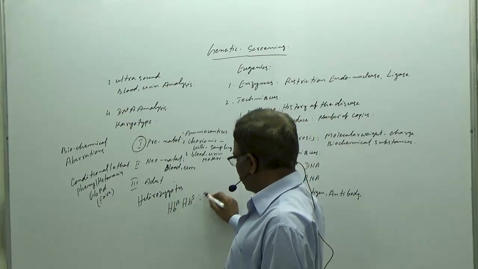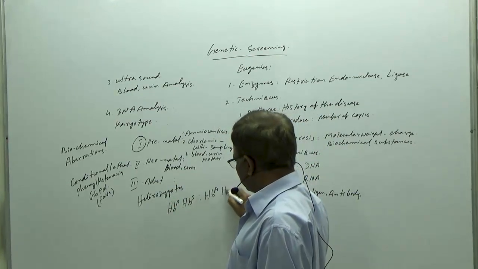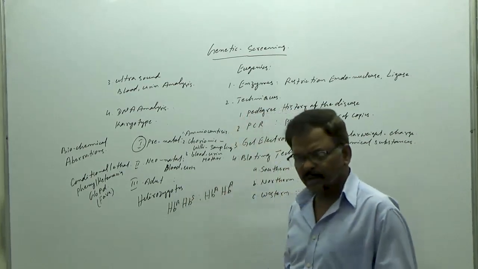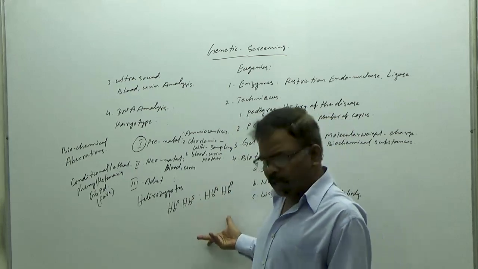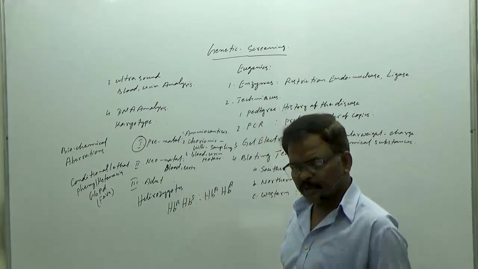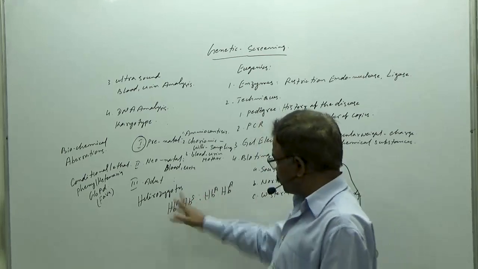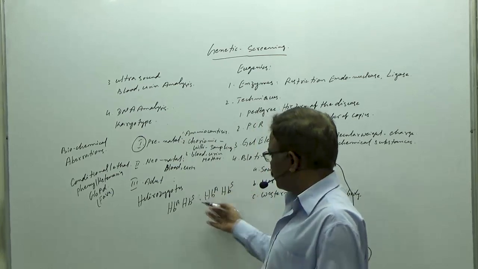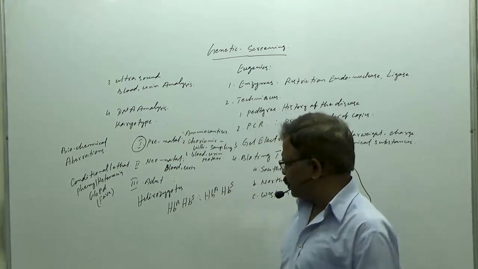If this person marries a normal person, then no child will suffer. All children are normal. If that person marries another heterozygote, then only the problem arises. 25%.